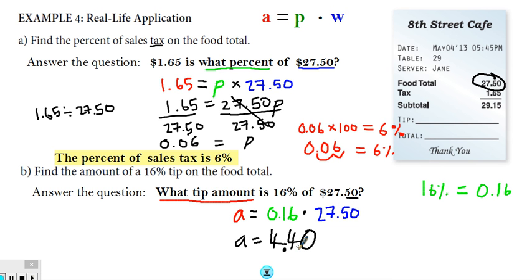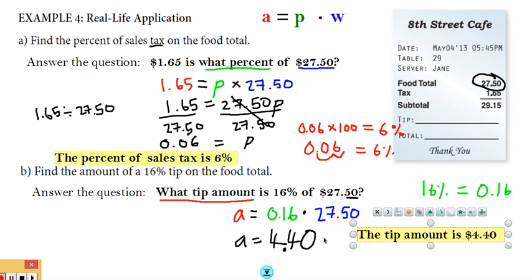So 4.40 for A, that's the number we found, and we're going to write the answer as a sentence. Basically, this means that the tip amount is $4.40. That is what we found.